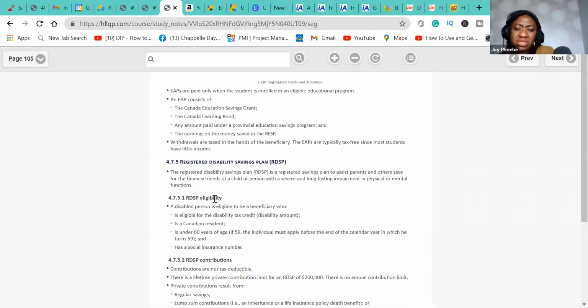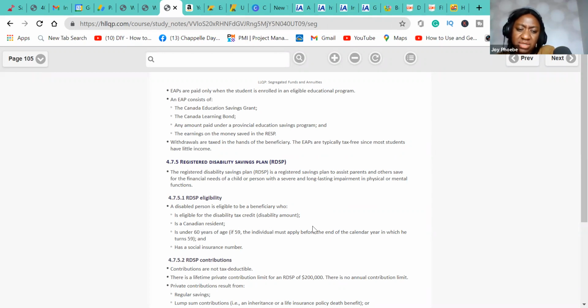Then we also have registered disability savings plan. This registered disability savings plan is a registered savings plan to assist parents and others save for the financial needs of their child with severe or long-lasting impairment in physical or mental function.